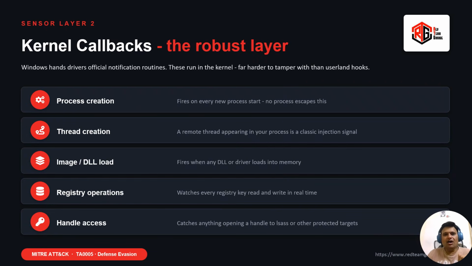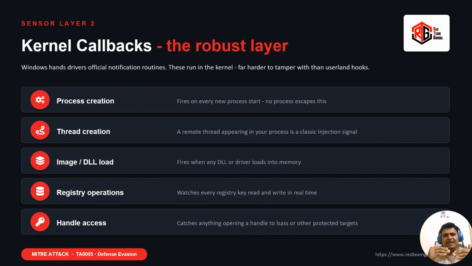So how do kernel callbacks work? As I've spoken about process creation, a malicious file will first create a process or thread. A thread is a part of a process. For example, if you open calculator.exe, then under calculator.exe you may see some sub-processes that we call threads.